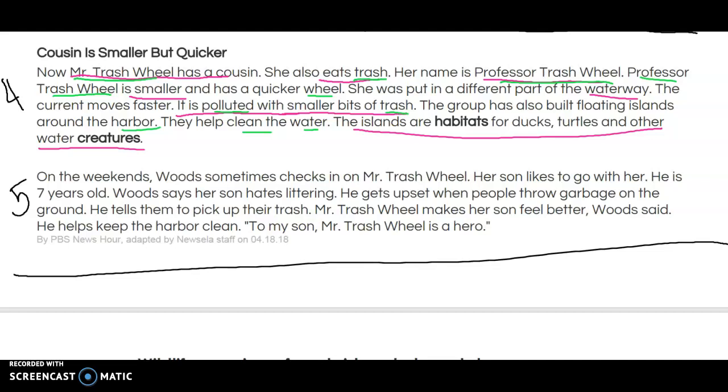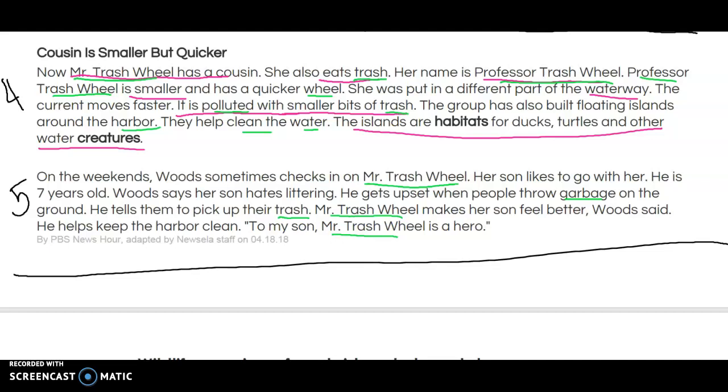So we're just going to underline our key terms, or the words that are repeated more than one time. So we have Mr. Trash Wheel, garbage, trash, Mr. Trash Wheel, Mr. Trash Wheel.